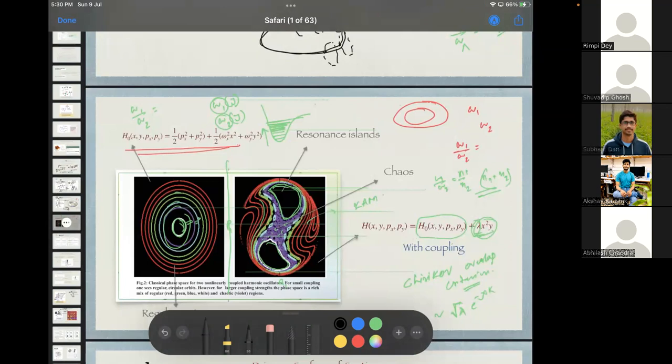Here, suppose the left side is a Poincare cross section for a particular energy. You cut the surface at a particular energy. I'm just constraining a particular energy, and then I'm visualizing the section.